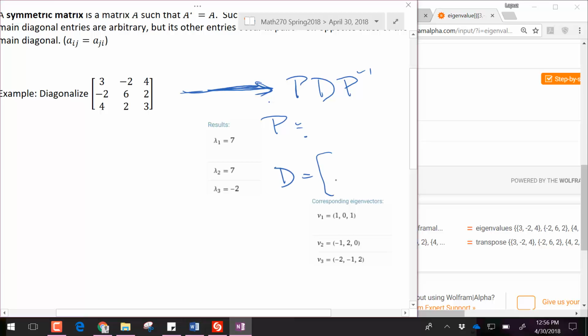D is just the eigenvalues in a diagonal; remember, D is a diagonal matrix. And then P is the corresponding vectors, so V1 and V2 correspond to the eigenvalue of 7. So let's say 1, 0, 1 for that first column, negative 1, 2, 0 for the second column, and then minus 2, minus 1, 2.